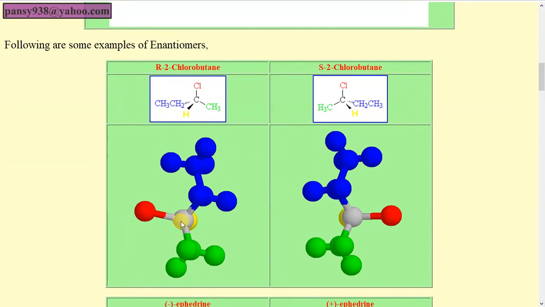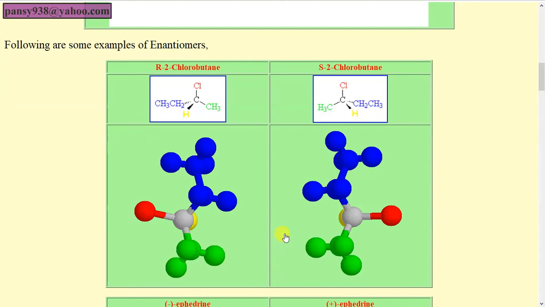And this part of the molecule, which is the carbon, is a chiral carbon, or previously it is called asymmetric carbon. This is R-2-chlorobutane, and this one is S-2-chlorobutane.